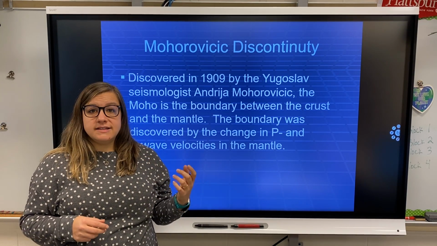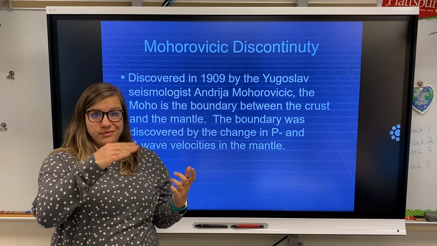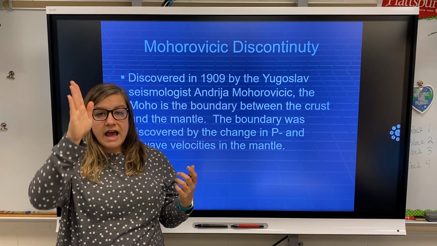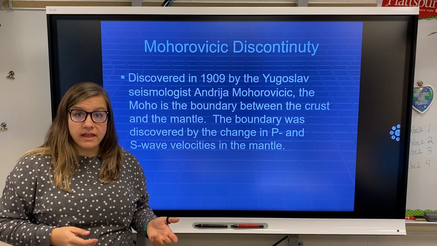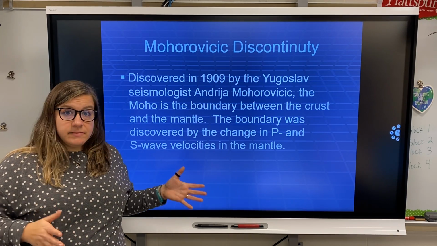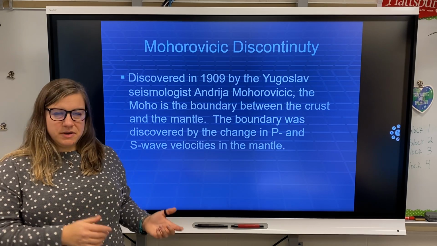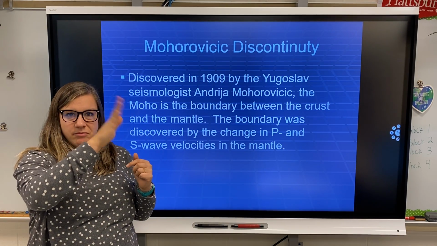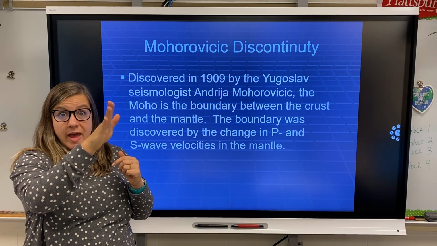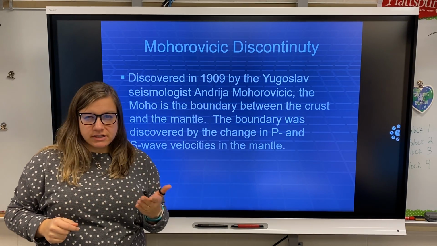We realized that the P waves were deflected and turned, and the S waves just stopped, because S waves can only travel through solids. So if they just stopped, it must have hit a liquid of some sort. And if P waves get deflected, refracted, bent, that means that it must have run into a liquid as well.